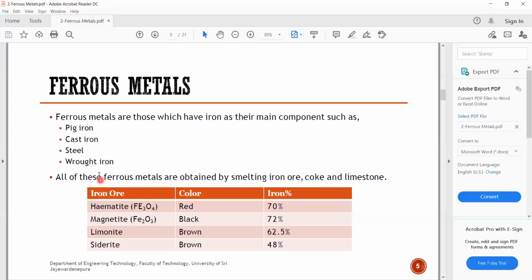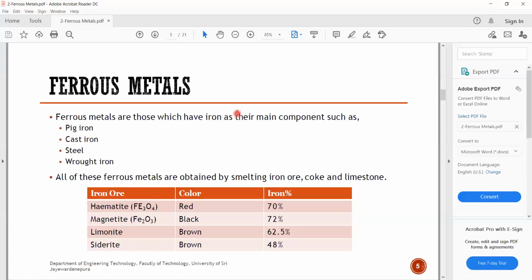Only then do they use these ferrous metals for their purpose. So mind it, ferrous metals are not available as they are in the earth. They are available in this form.